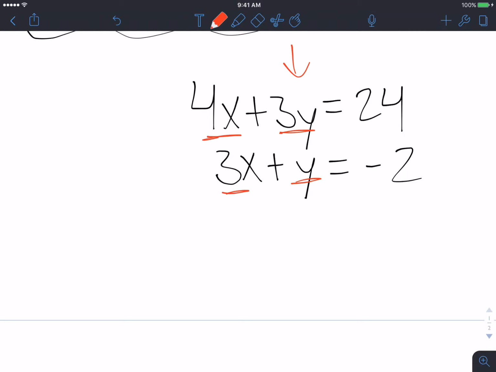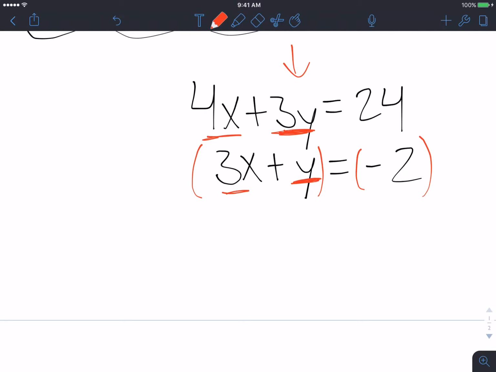So since this is positive 3, we want to multiply this whole side by something that will cancel out a positive 3. So what's the opposite of positive 3? Negative 3. So we're going to multiply the entire bottom equation by negative 3.